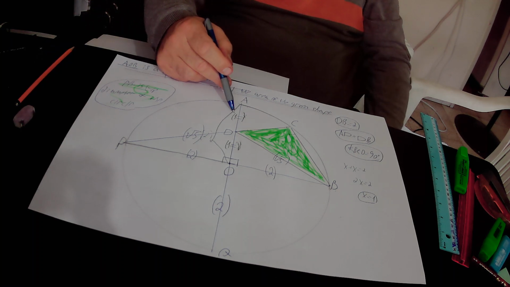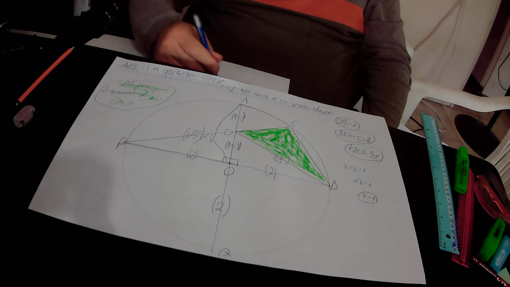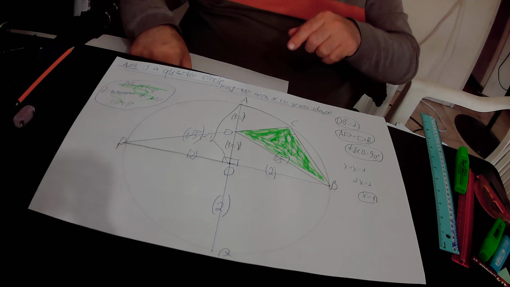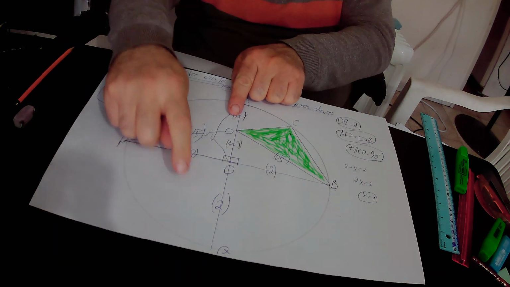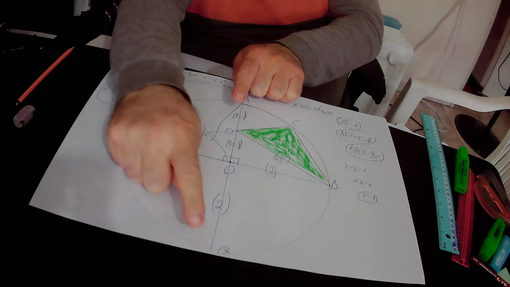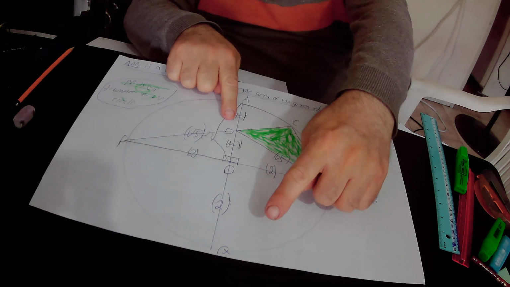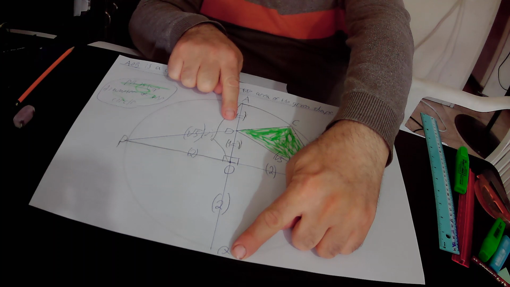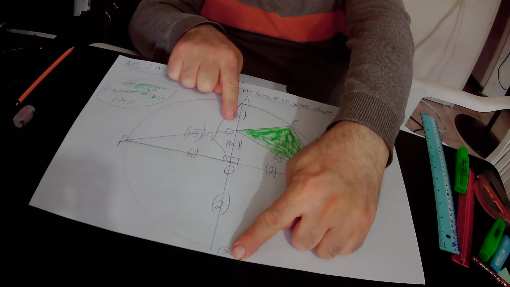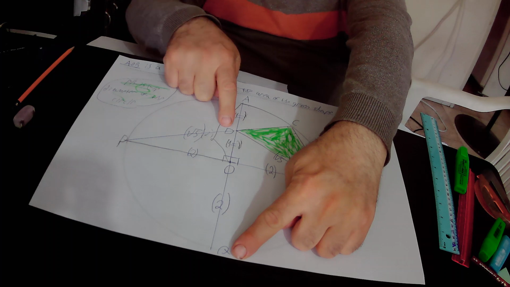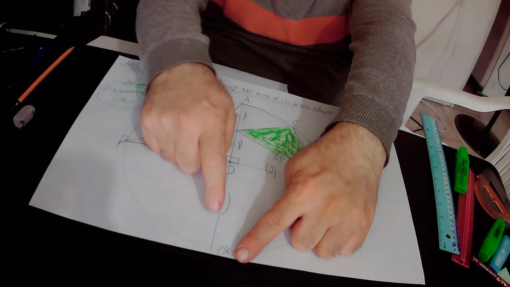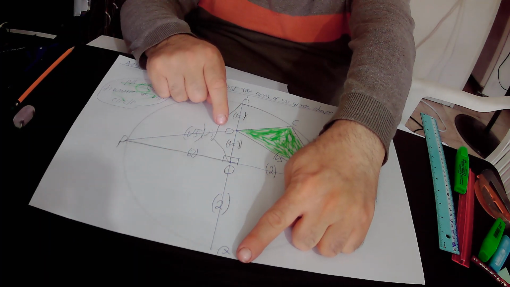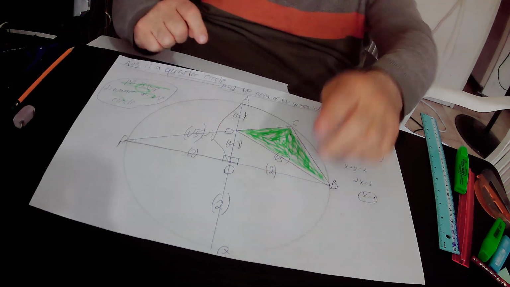AD is 1 times DQ. DQ in total equals DO, that is 1, plus OQ, that is 2. So in total, DQ equals 1 plus 2, that is 3.